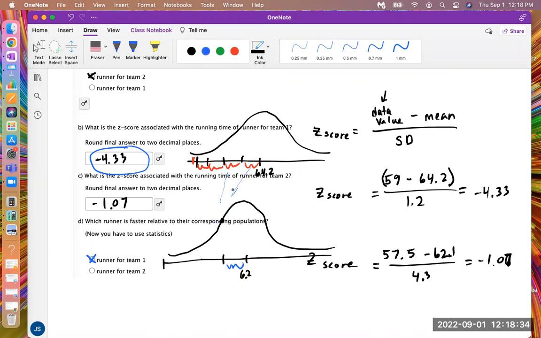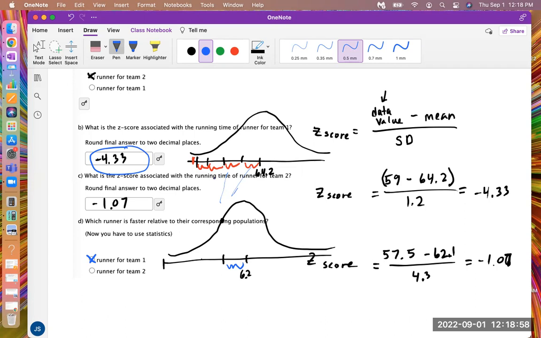And when someone has lower times, the lower z-score, that means they're a faster runner, right? Someone with a positive z-score here would mean that they're above average. Their length of time at the race was above average, which would mean they're slower.